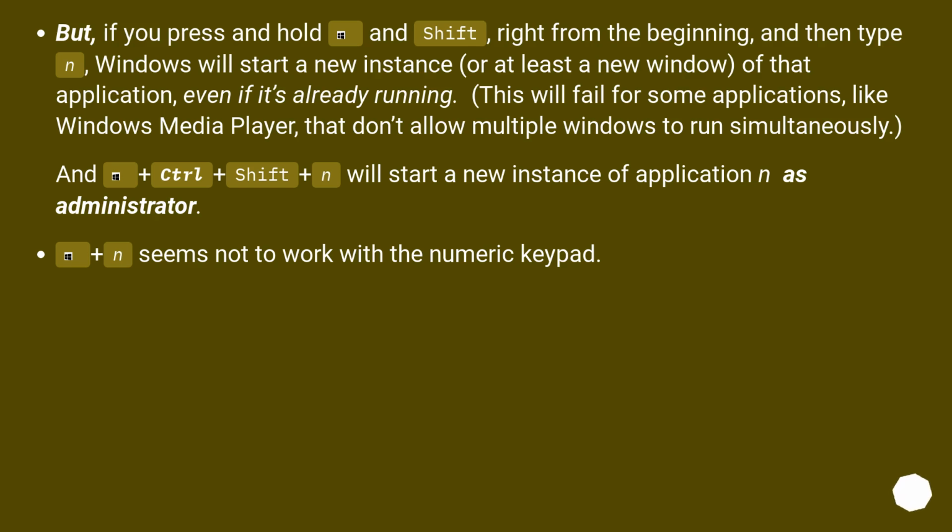But, if you press and hold Win and Shift right from the beginning, and then type N, Windows will start a new instance, or at least a new window, of that application, even if it's already running. This will fail for some applications, like Windows Media Player, that don't allow multiple windows to run simultaneously.